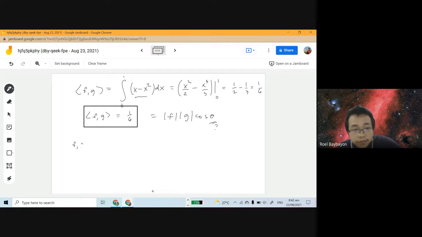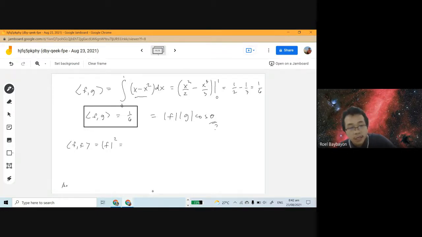The FF is just equal to the magnitude of F squared. Sakto ba? Kay, if i-dot product na ko ang iyang kaugalingon, ako ang makuha lang is the magnitude raised to the power of 2. Tama ba?